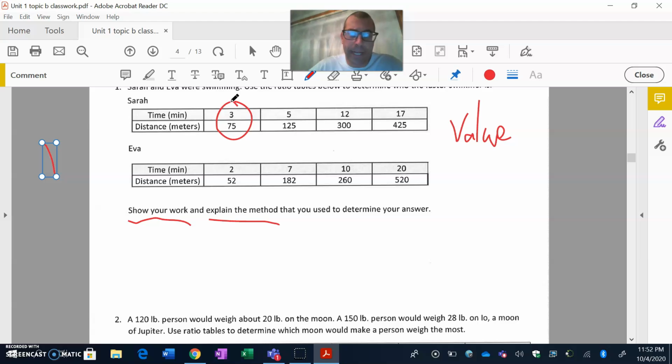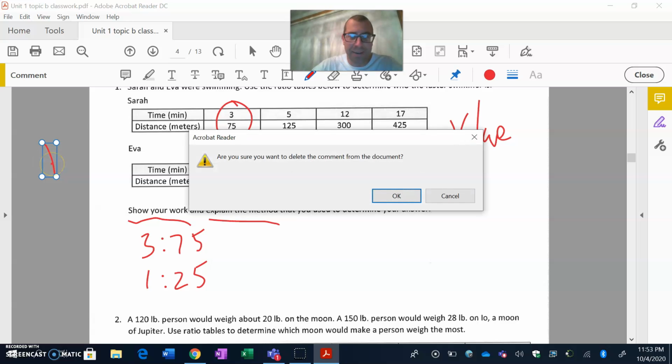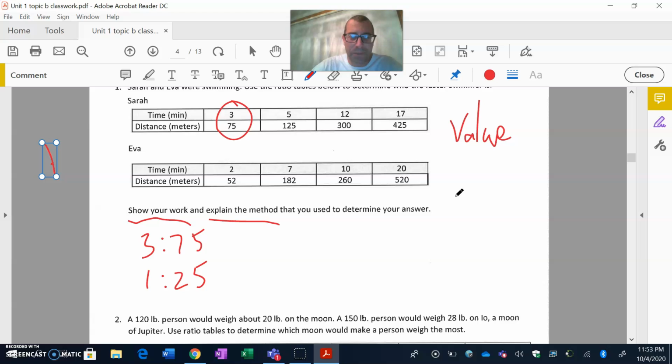And again, calculator in hand, nothing wrong with that. Don't mind the calculator here. But if we take that ratio of 3 to 75 and divide them both by 3, think about quarters. It takes 3 quarters to make 75 cents. All right, go money here. So yeah, we got 1 to 25.